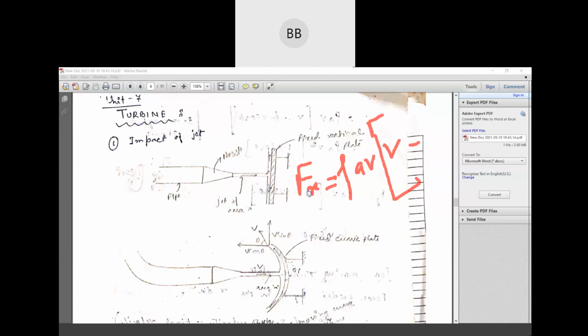Final velocity we don't have in x direction, so it's 0. After strike we don't have any x component. So this will be your rho A v square.